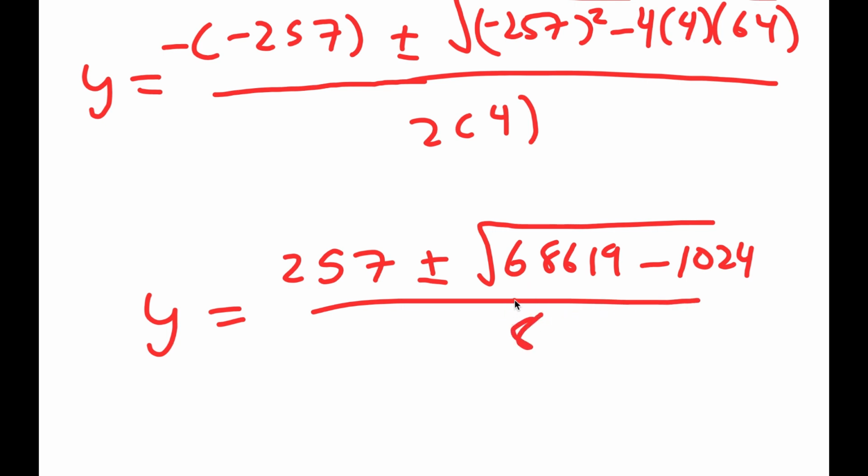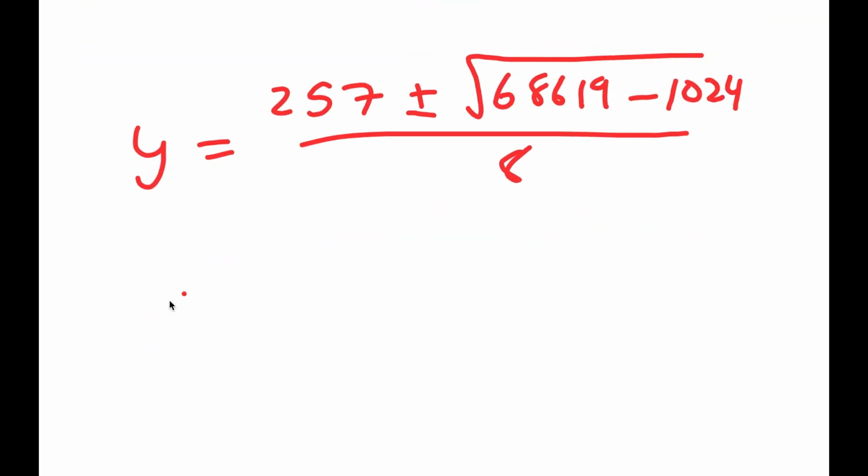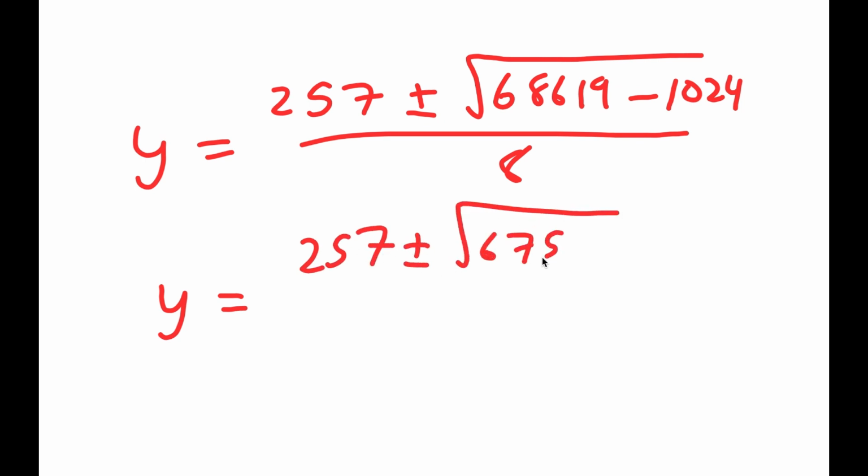So now 68,619 minus 1,024 is 67,595. So I have the square root of 67,595 over 8.